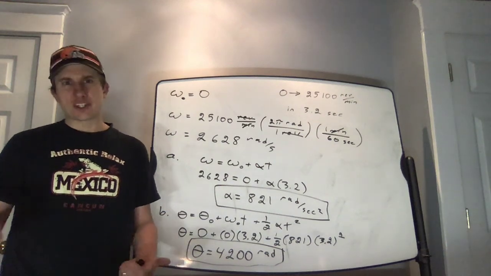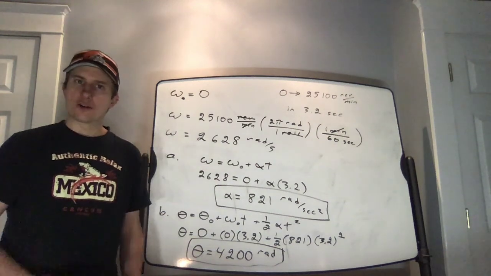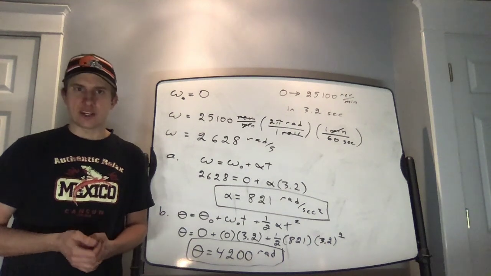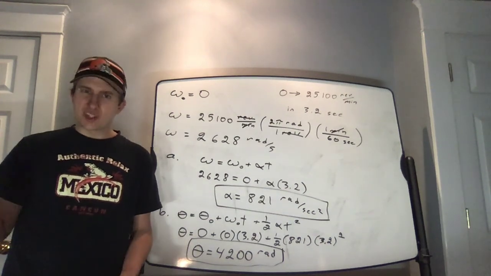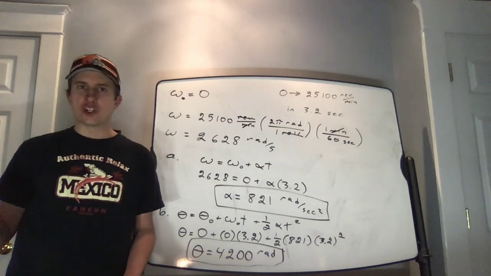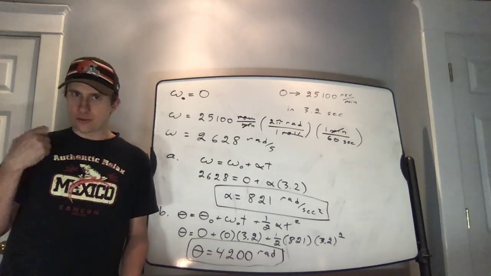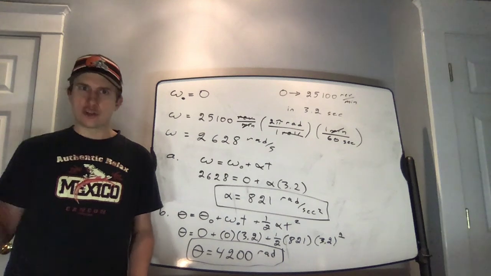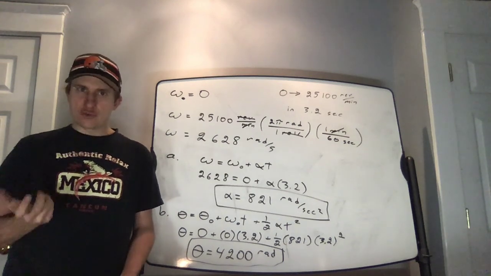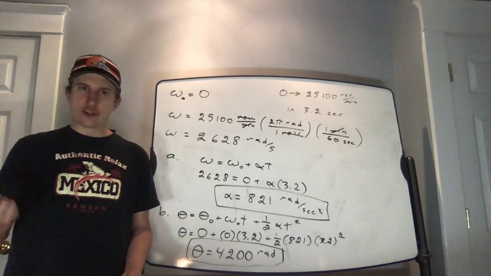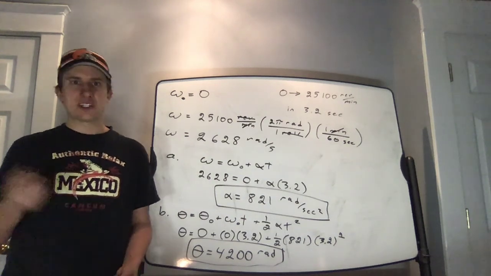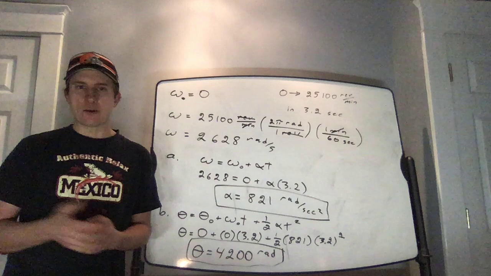You might notice that this angle we found is much larger than 2 pi radians. 2 pi is about 6.28 and 4,200 is much larger than 6.28. So how should we interpret this result? Well, if the drill spins through one complete revolution, then I would say the drill spun through an angle of 2 pi radians. If the drill spins through 2 complete revolutions, then I would say the drill spins through 2 times 2 pi radians, or 4 pi radians.